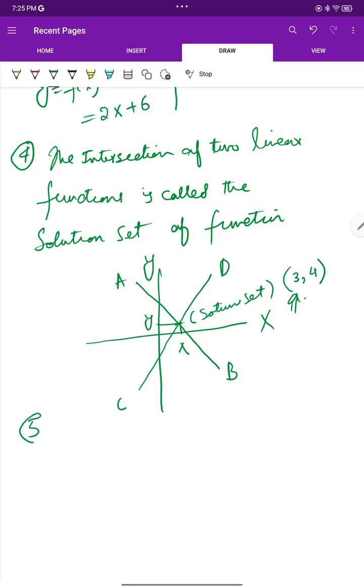The fifth one: the graph of the quadratic function is always a parabola.